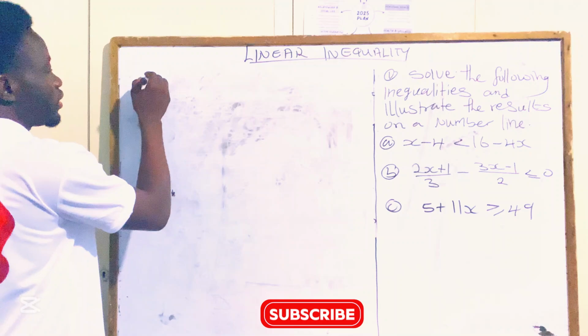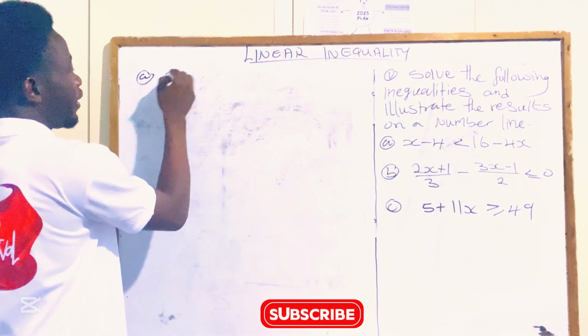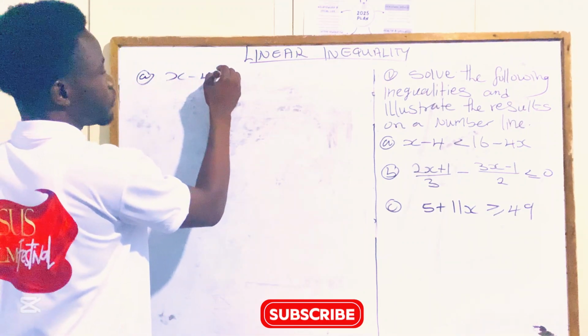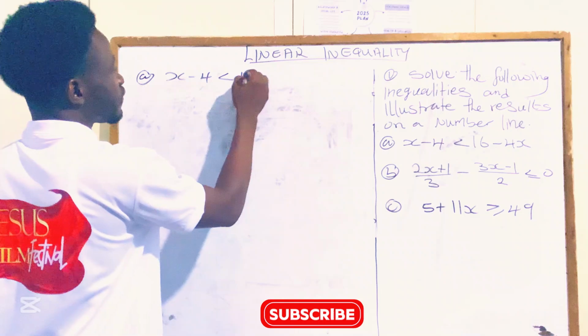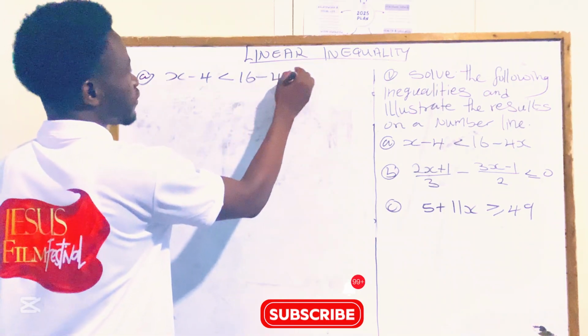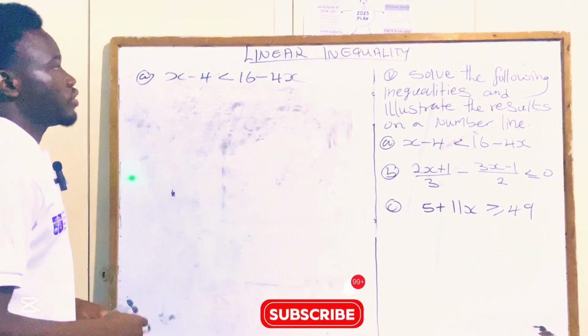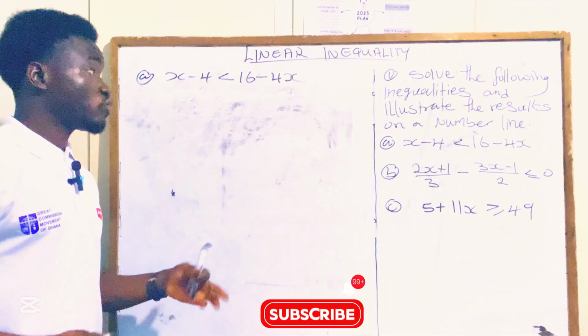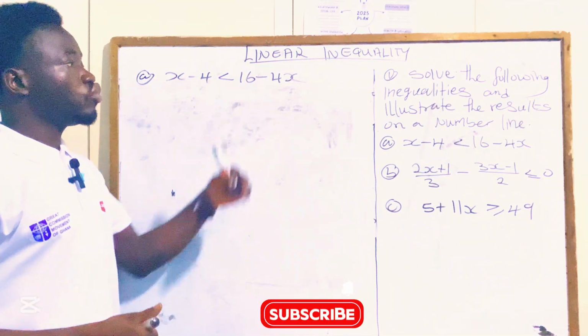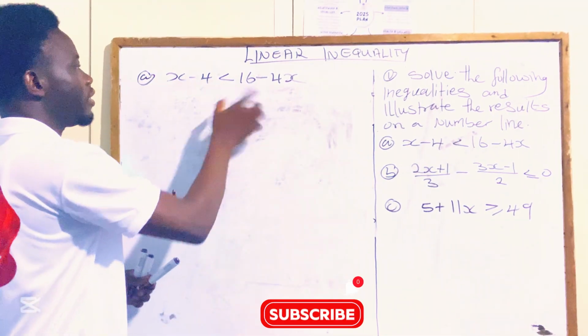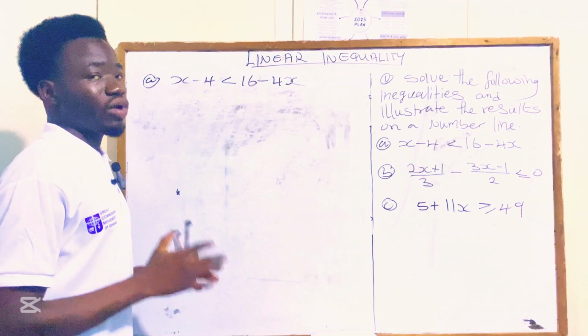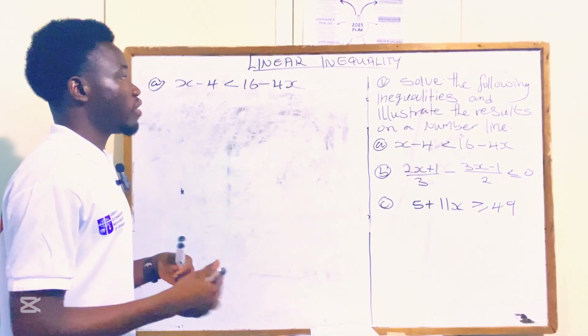So let's do that. The first question is A, x minus 4 less than 16 minus 4x. So here it is cooked for you already, so you simply group like terms, bringing the variable to one side and the non-variable to the other side.